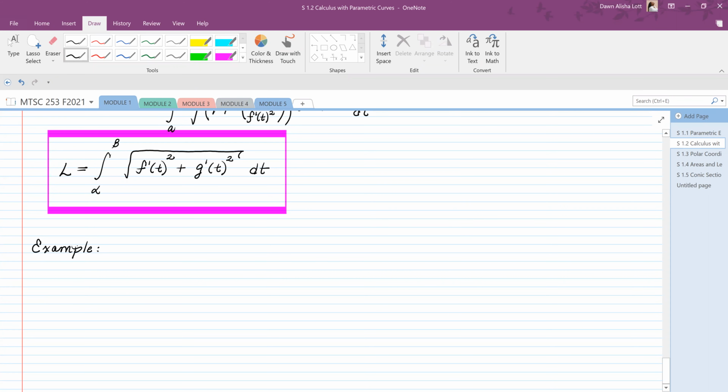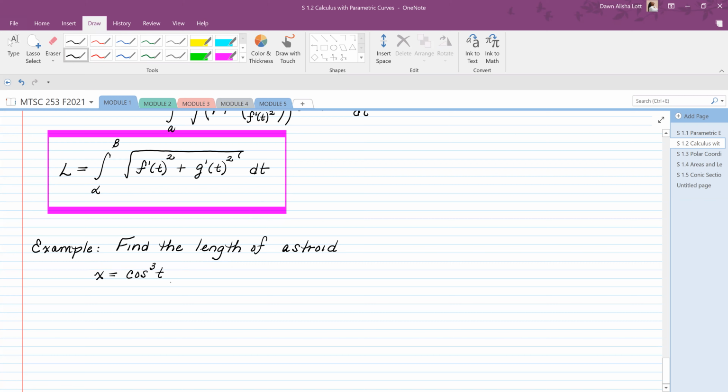So I need to find the length of the asteroid. x is equal to cosine cubed t.